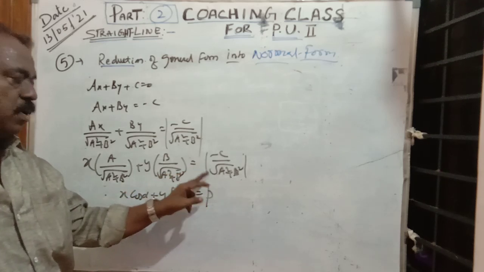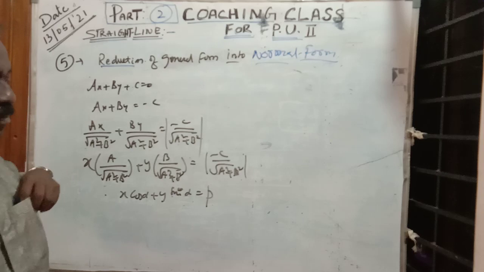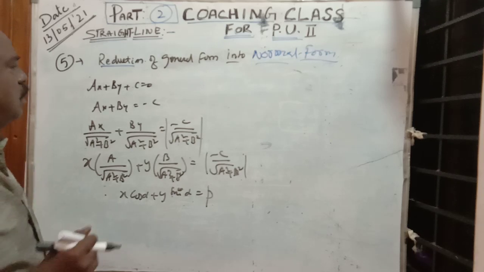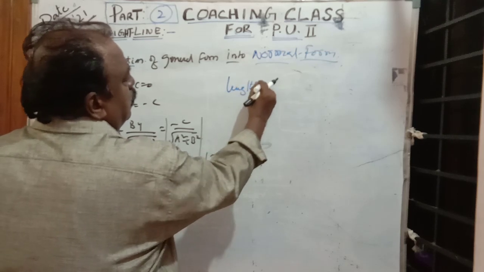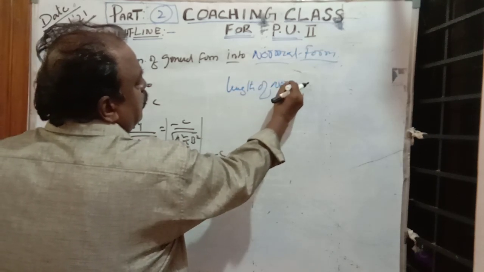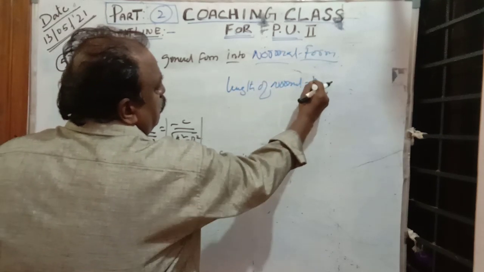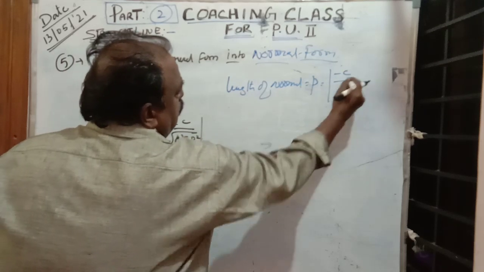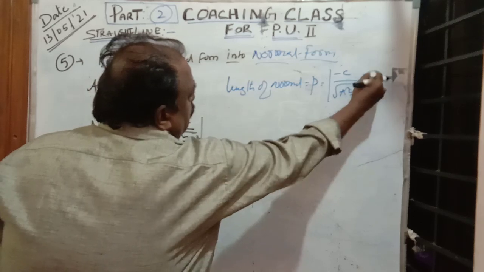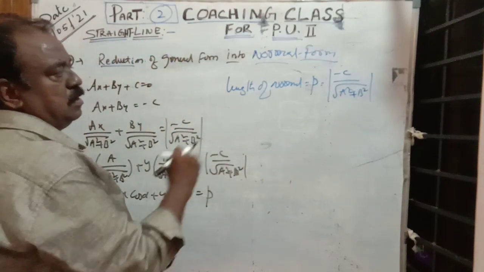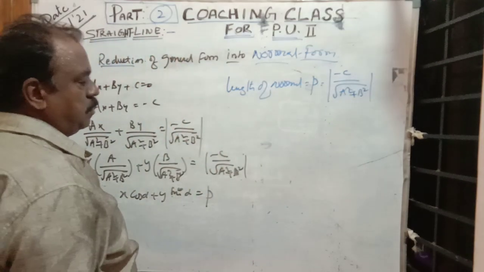It is a very important concept. The length of the normal is equal to p, that is modulus of minus c by root of a square plus b square.